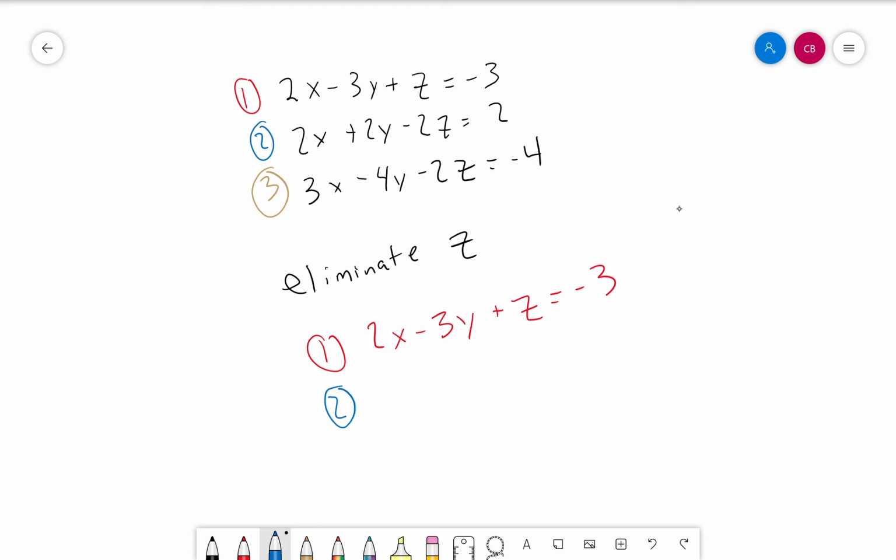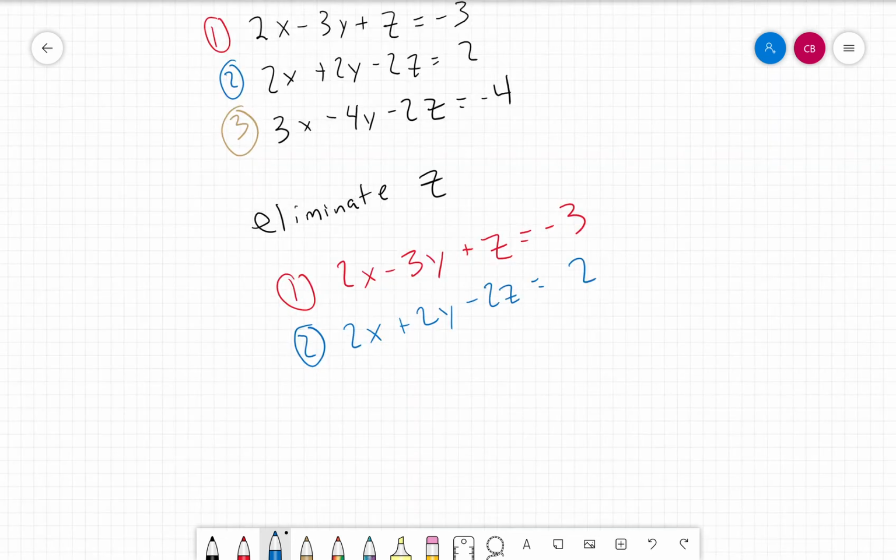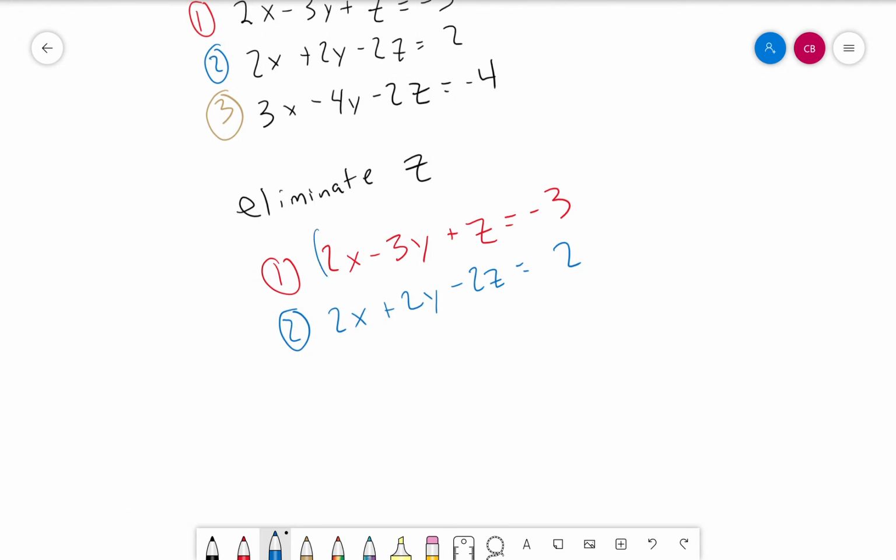And 2 is 2x plus 2y minus 2z is equal to 2. So we're going to deal with these first, and we're going to get rid of z. So we need to multiply this by the 2 so that this matches this. Then they're opposites of one another.